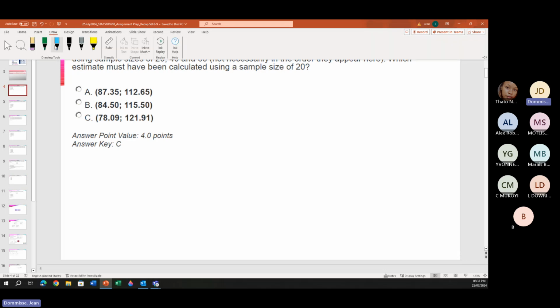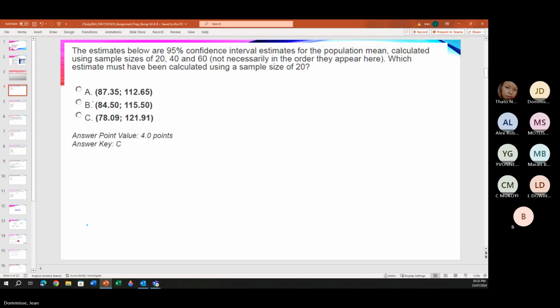Basically, they don't give us a lot of information, but all that they say is you've got sample sizes, and you need to decide which one of these will be the correct one for a sample size of 20.